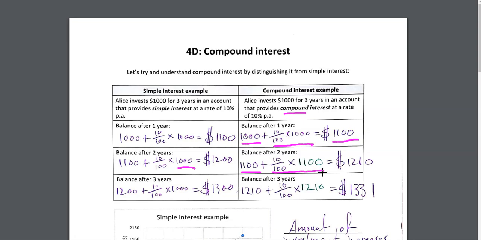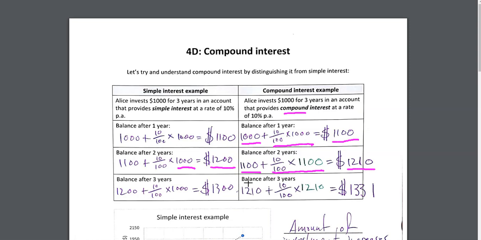So the amount that she initially invested last year plus the interest that she made last year, which is $1,100. So it's 1,100 plus 10 over 100 of 1,100, which is $1,210. Okay, so slightly more than in the simple interest example.